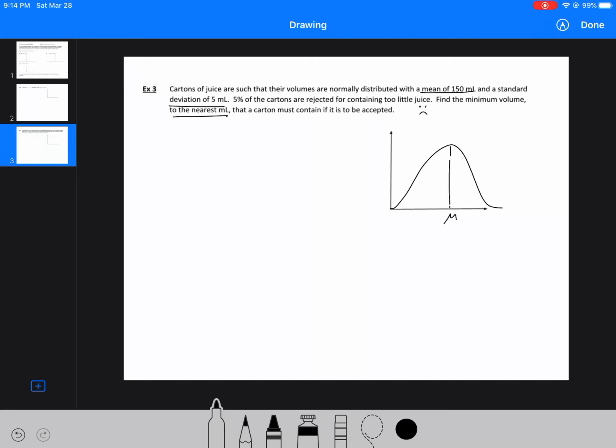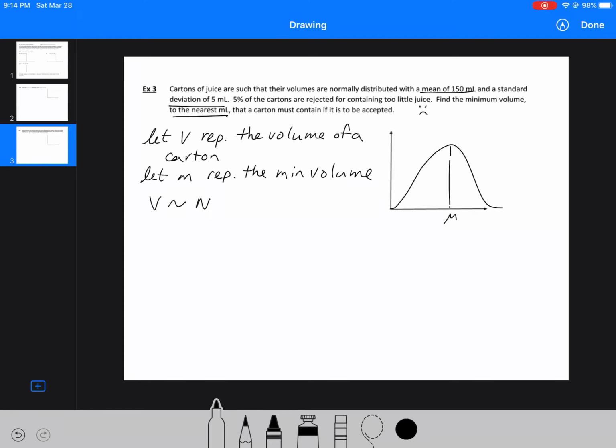Okay, I've got my mean here. And I'm going to define some variables since I'm working with a word problem. So let's let V represent the volume of a carton. And let's let M represent the minimum volume.